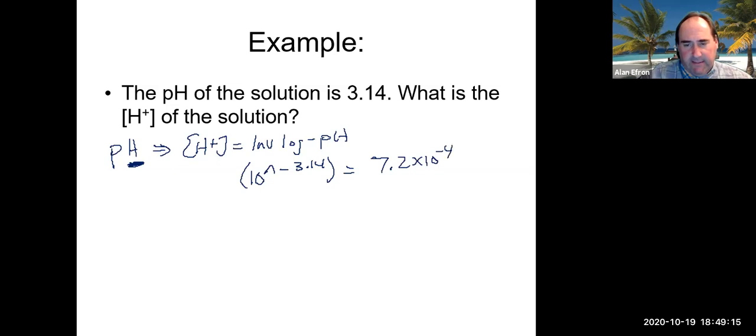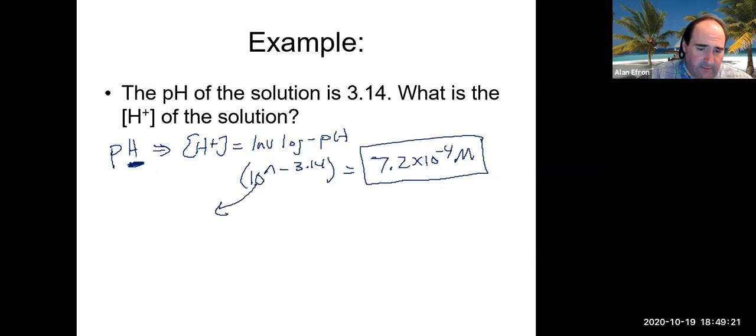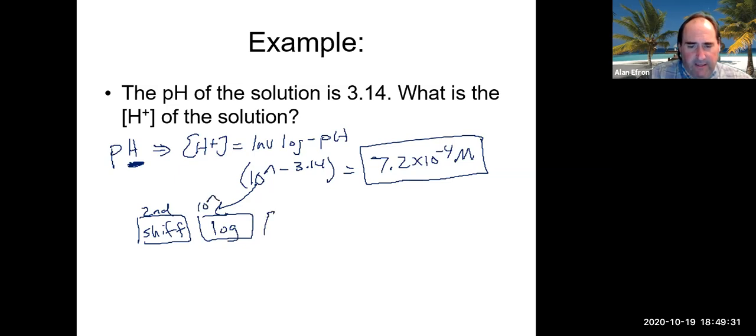And since this is a concentration, we would want molarity. In terms of getting this on most people's calculators, that's the shift or second button up there in the top left. That's the LOG button, that is the negative button, and that is 3.14 and the equal button.